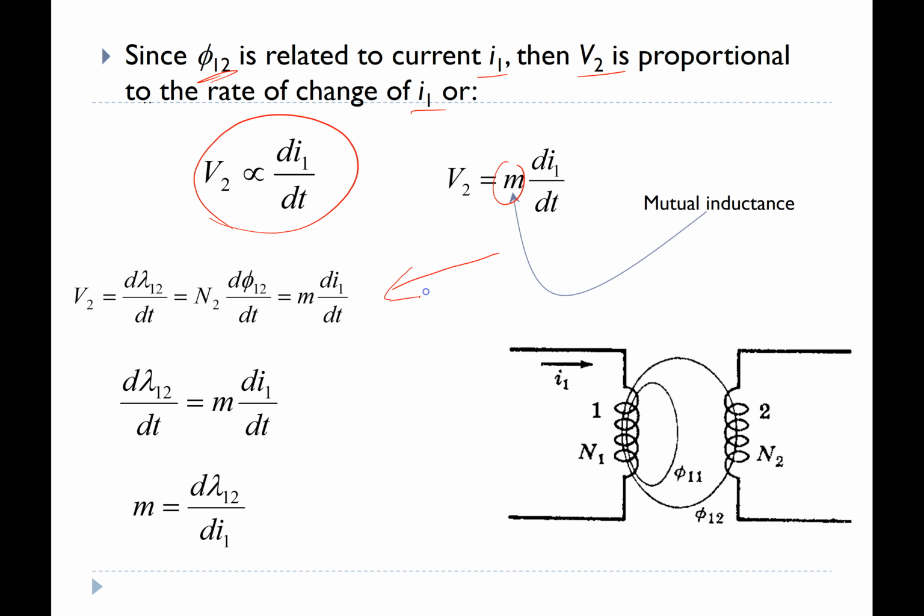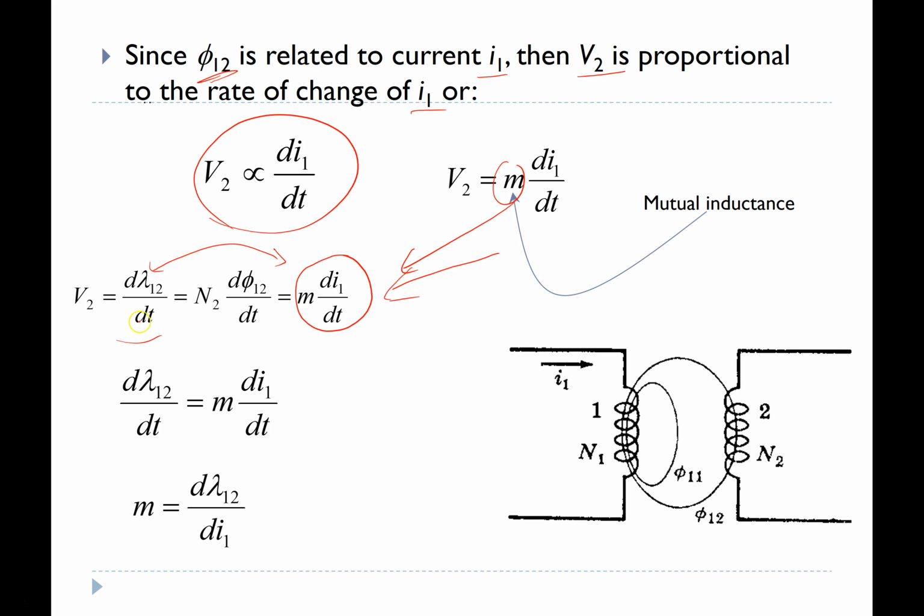So we know that V2 is equal to d lambda 12/dt, and we know lambda is equal to N times phi. So this, which we have here, is equal to d lambda 12/dt.